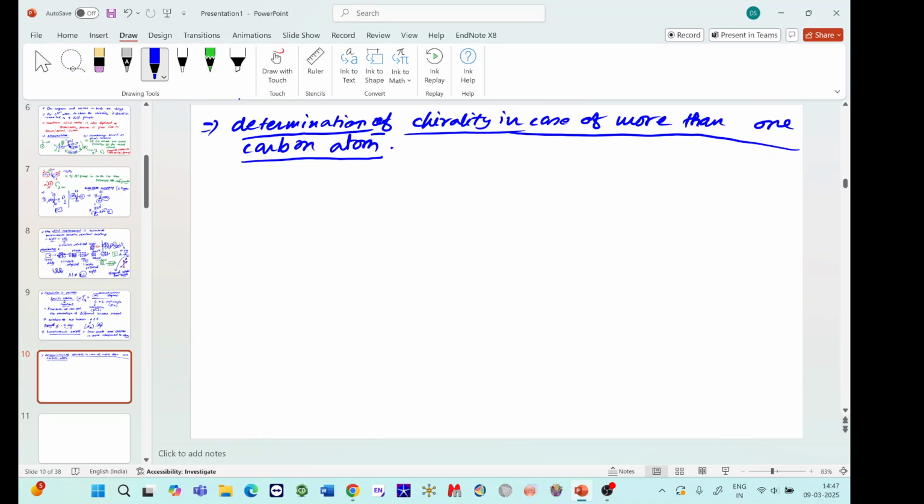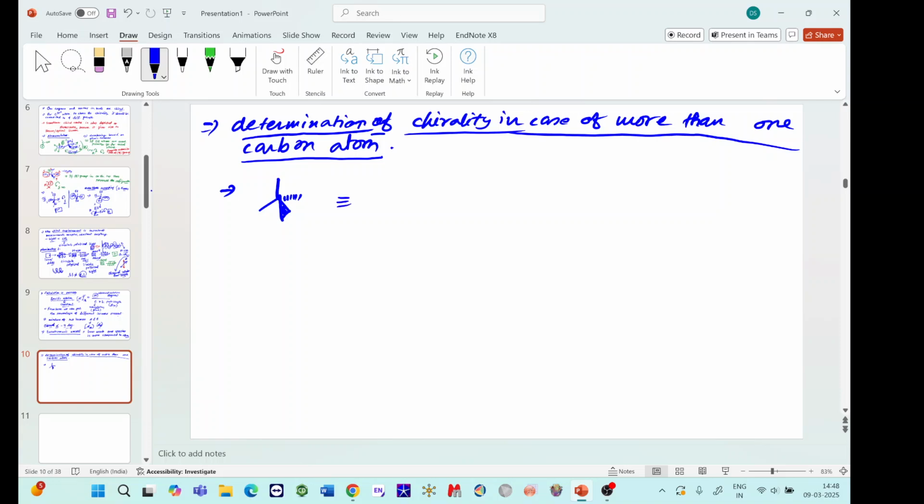They are not simple peptides or amino acids. They have one, two, or three, maximum four, five carbon atoms. So these have a long chain of carbon atoms, and within that they have a lot of stereogenic centers and chiral centers. So how to determine the chirality in case of systems which have more than one carbon atom? Now you have to learn some trick, so that this is a general structure of a chiral sp3 carbon.